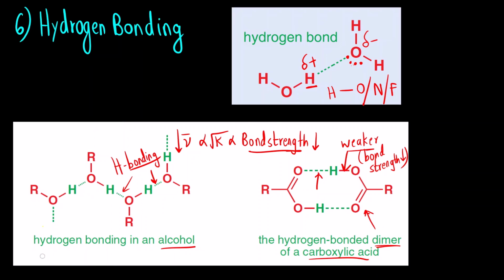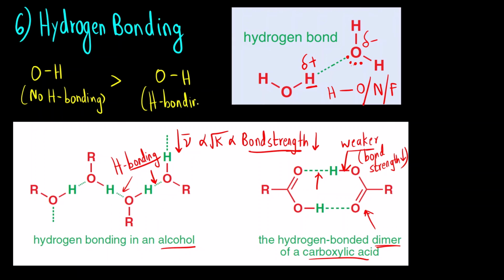So the OH where there is no hydrogen bonding will be stronger, that is, its stretching frequency will be greater compared to the OH bond where hydrogen bonding is present. Where there is no hydrogen bonding, the stretching frequency will be higher, and where hydrogen bonding is present, the stretching frequency will be lower.